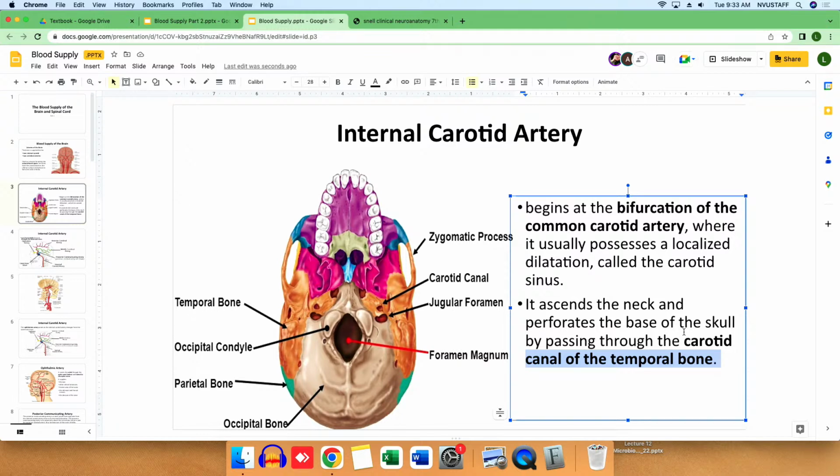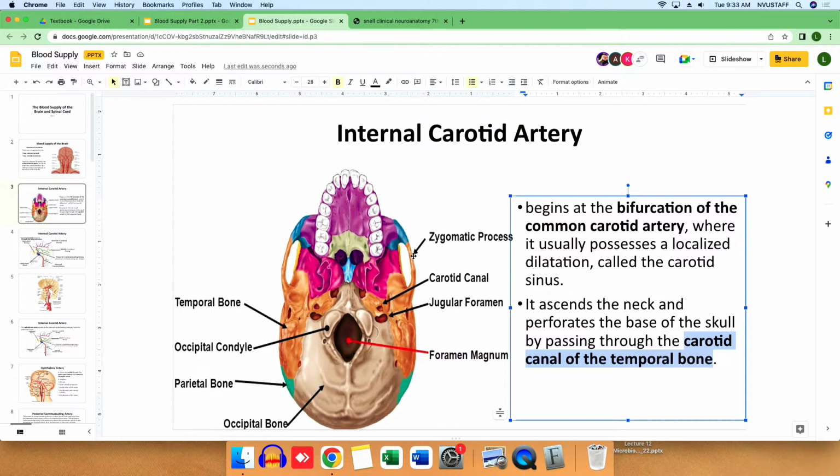So, as you can see, in the passage of this carotid we have the carotid canal, and the most interesting thing is that this is part of the temporal bone, which is represented on the lateral-most regions of the skull. Here in this picture you can see the temporal bone in a brown or orange color.